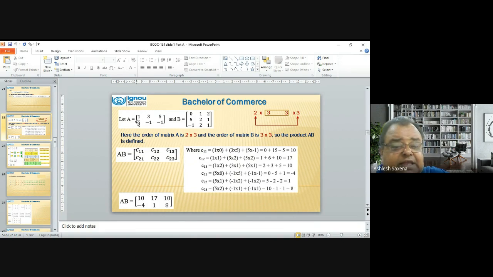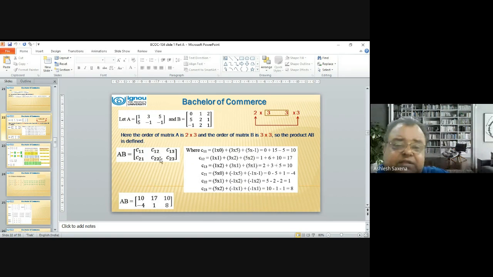Then C23. 5 into 2 plus minus 1 into 1 plus minus 1 into 1. This comes out to be 8. Now we will be placing all these numbers in this form, which is identical to this.